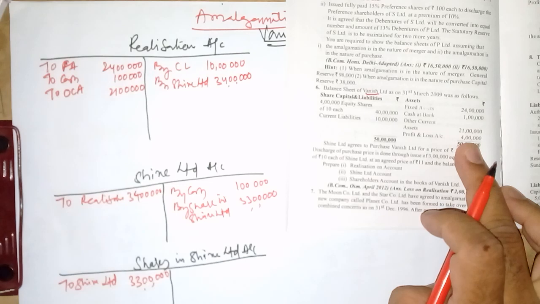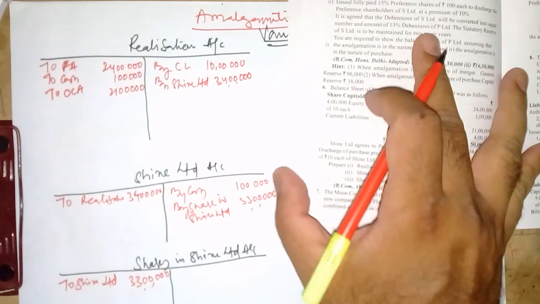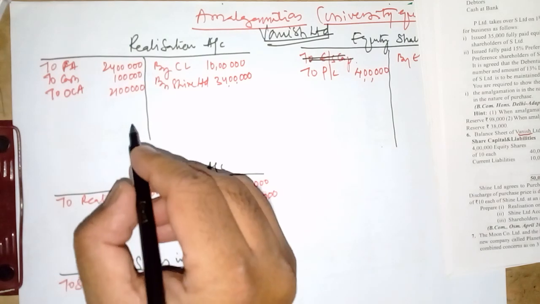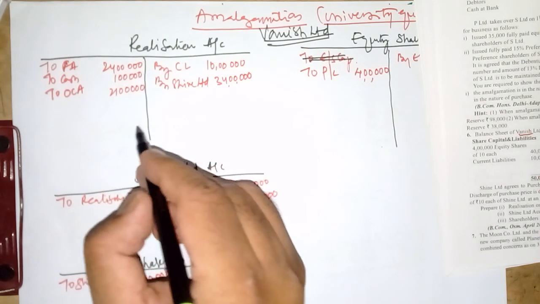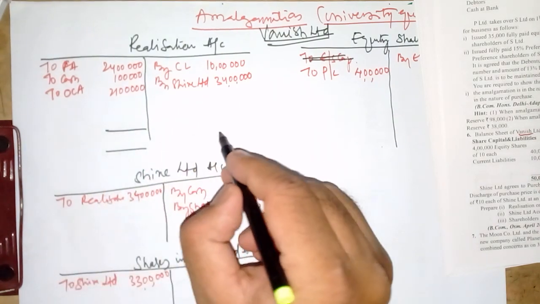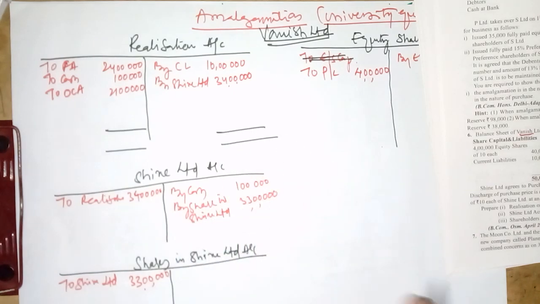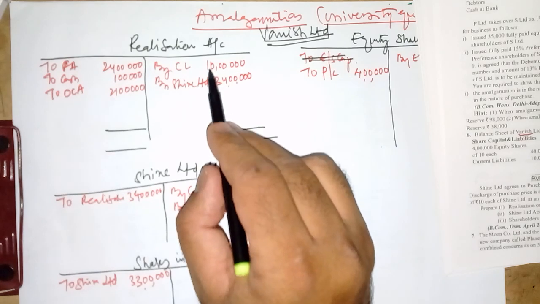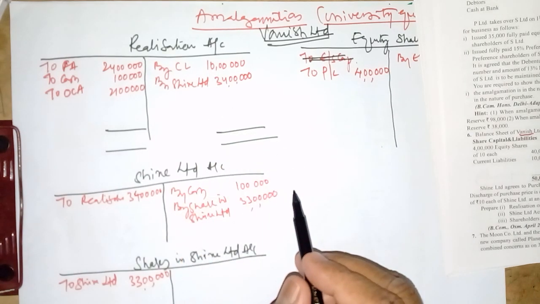Then once this is done, close the realization account and find out the profit or loss on realization account. So we will close the realization account first. In the realization account, this 34 lakhs plus 10, we are getting 44 lakhs.